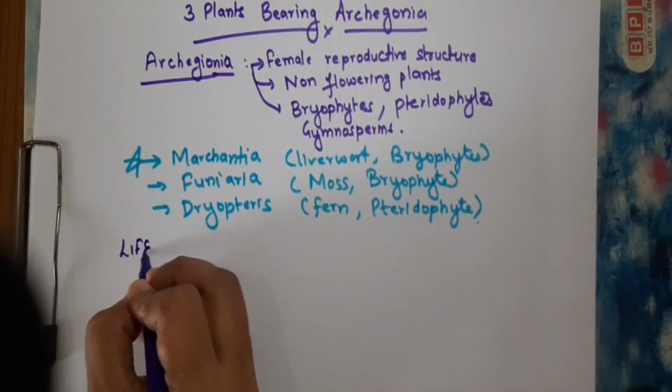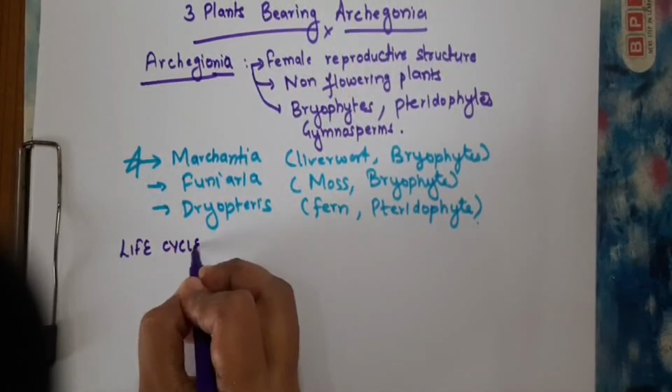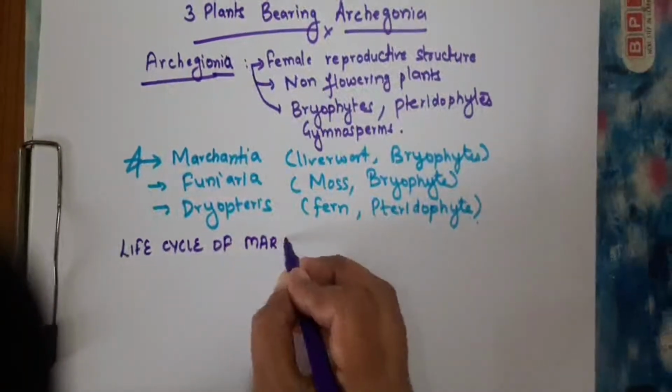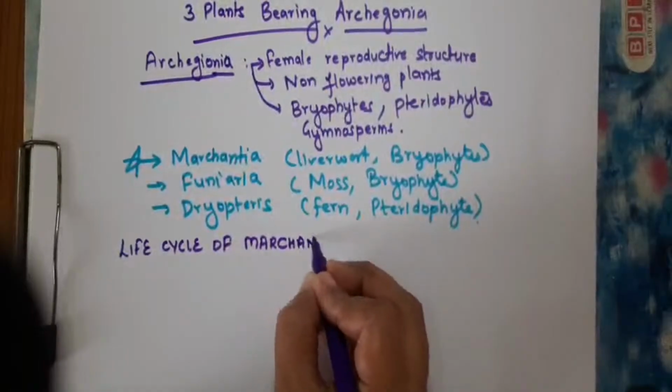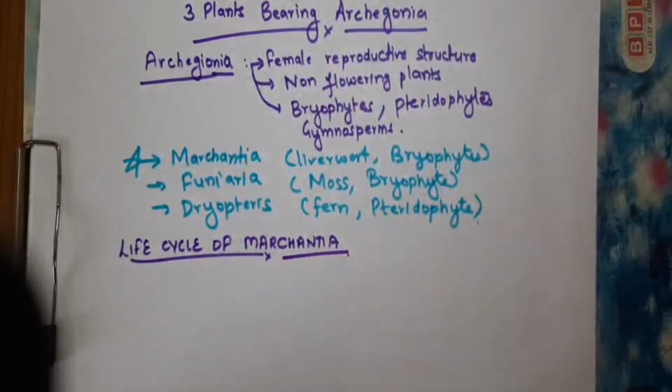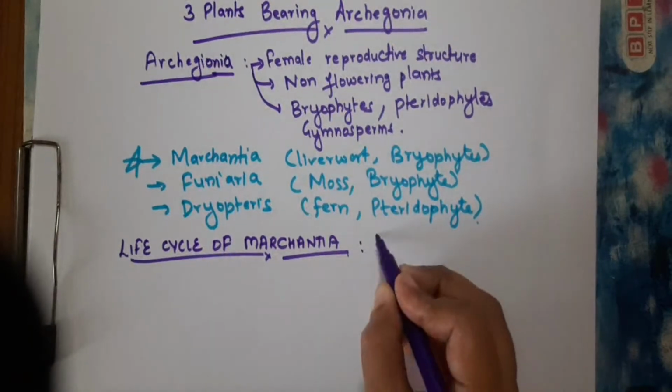Marchantia. Okay, so the most dominant phase in the life cycle of Marchantia is the gametophyte. It exhibits a haplodiplontic life cycle. What kind of life cycle is there?